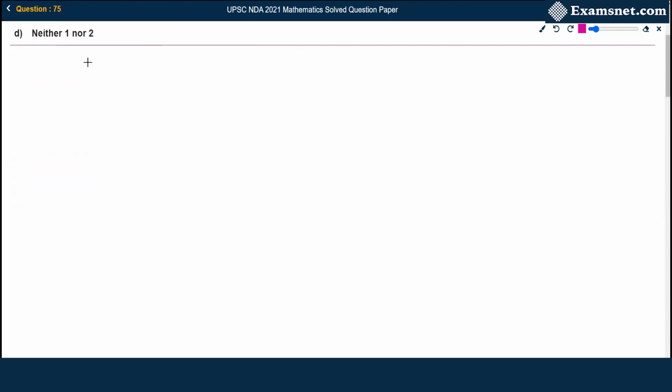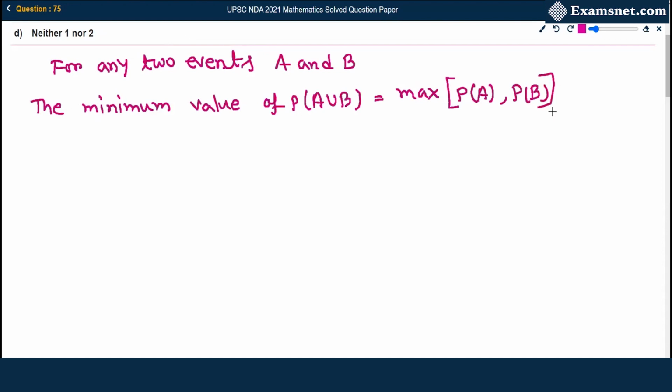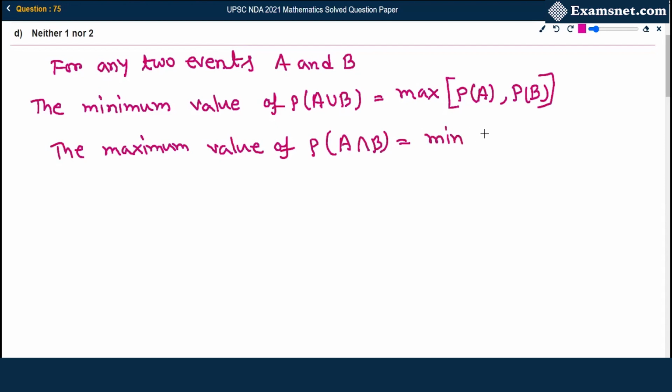So first of all, for any two events A and B, the minimum value of probability A union B will be the maximum value between probability of A and probability of B. And the maximum value of probability A intersection B equals the minimum value between probability of A and probability of B.